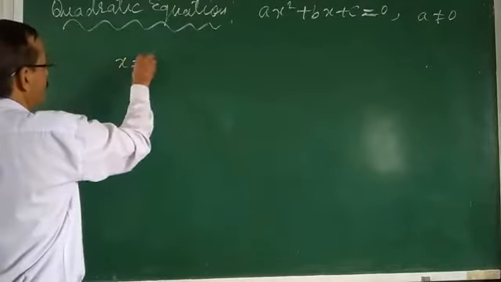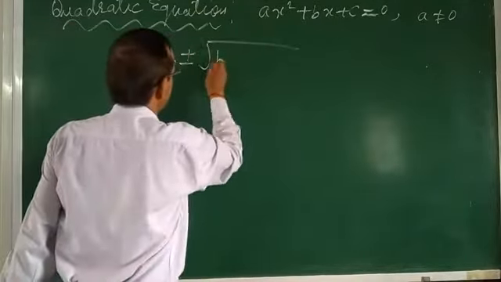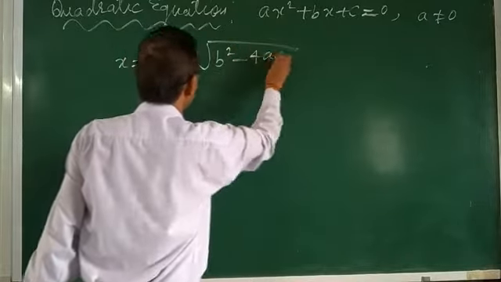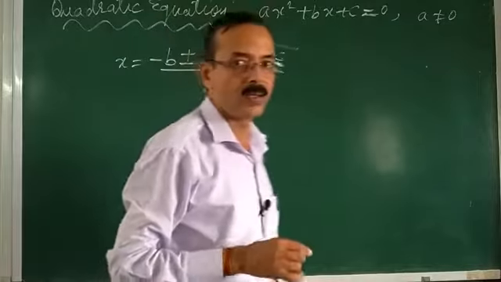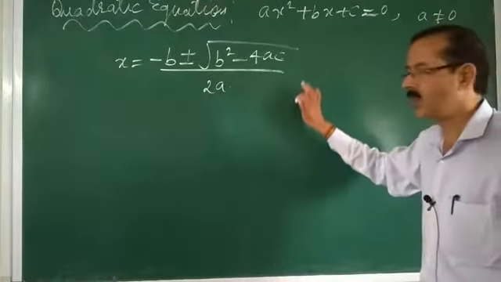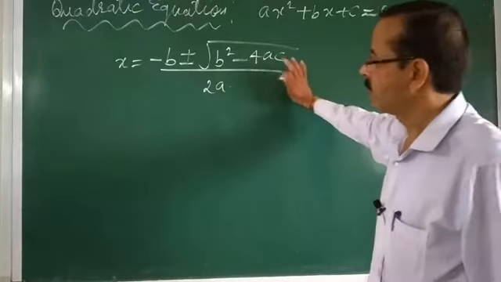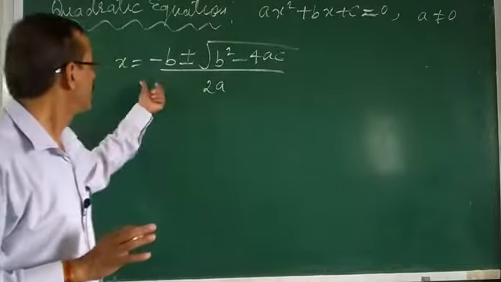x equal to minus b plus minus under root b square minus 4ac whole upon 2a. Yes, as you have studied in class 10th about this formula. So the 2 roots will be found from this formula.